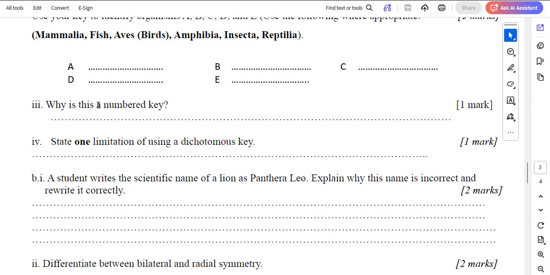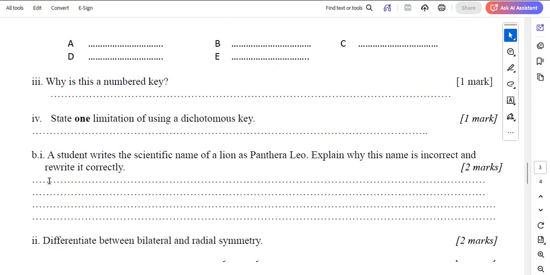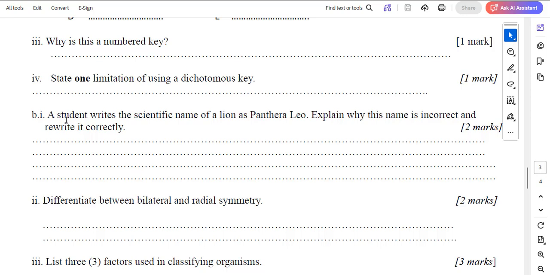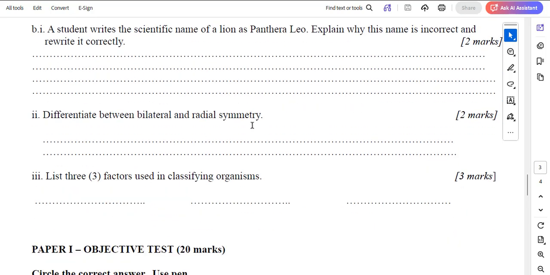State one limitation of using a dichotomous key. Then B, a student writes the scientific name of lion as Panthera leo. Explain why this name is incorrect and rewrite it correctly. Differentiate between bilateral and radial symmetry. Last but not least, list 3 factors used in classifying organisms.